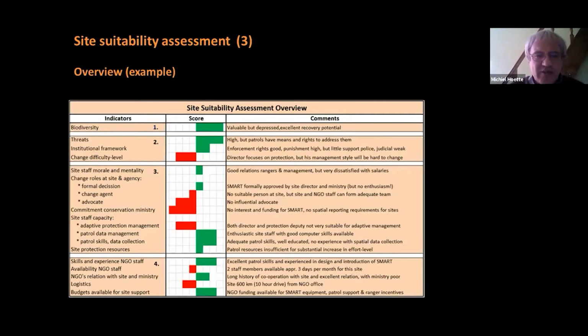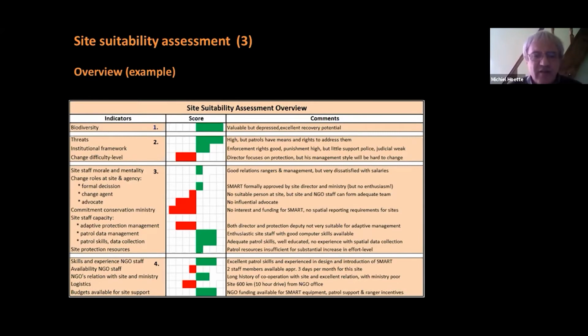Basically, SMART is about changing the way protection is organized and managed at a protected area. Protection is usually the core activity of a protected area, that's obvious. And it's always difficult to change core activities of organizations. So you should make a general assessment.